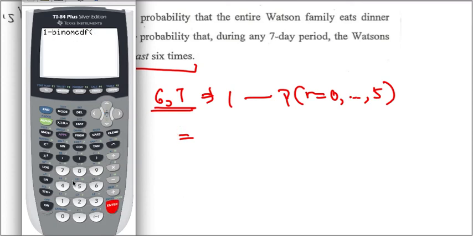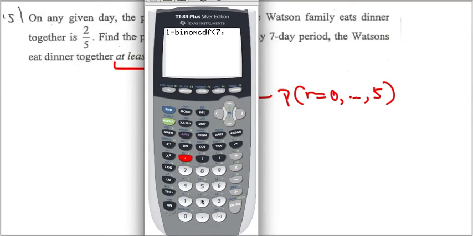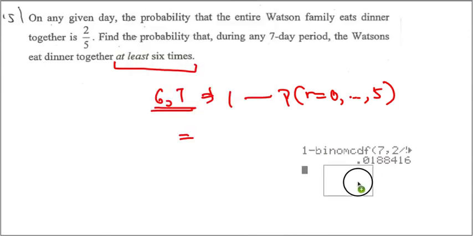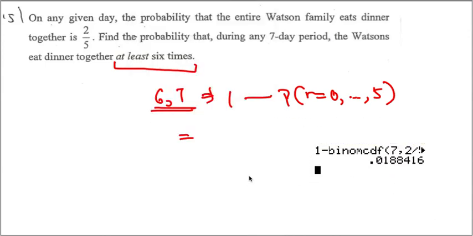Here we are looking at out of 7. Probability of success was 2/5, all the way up to 5 times. Then we are looking at 6 times and 7 times. This probability would be something like this: 0.0188.